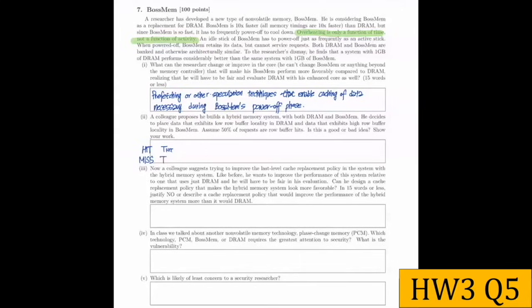So T miss should be T hit plus alpha for the other operations, the precharging and activation. And alpha is typically larger than T hit, right? So this is DRAM.